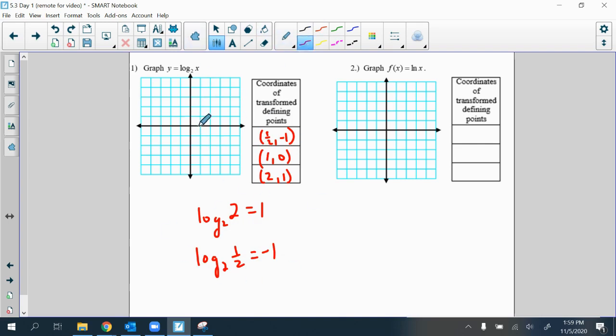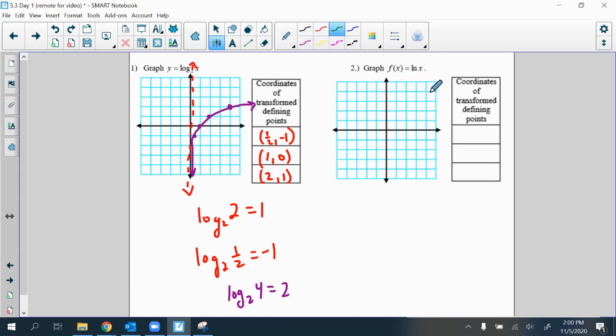So I can plot these points, 1, 0 and 2, 1. If I wanted to plot 4, 2, I also could, because log base 2 of 4 is 2. And then I have 1/2, -1. My asymptote is going to be at 0. And then I could graph my log function. So log functions approach the asymptote vertically, and then they grow really slowly after that.